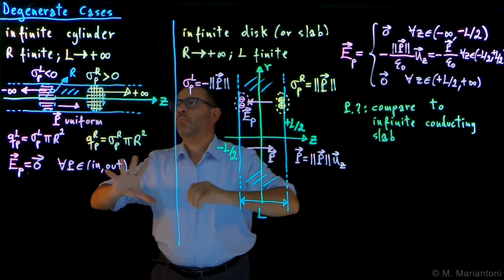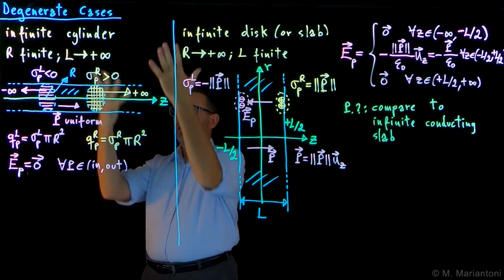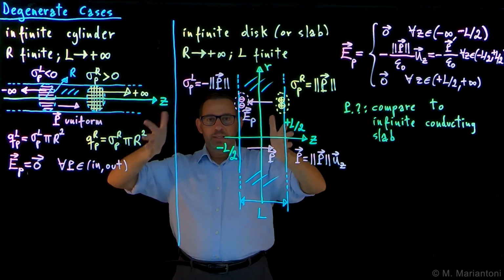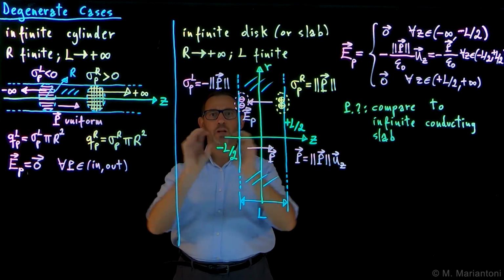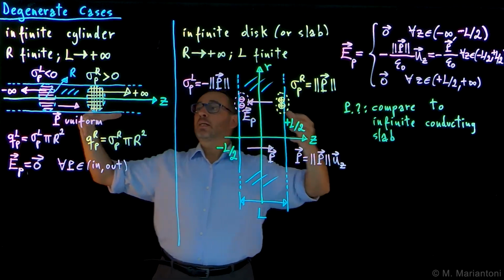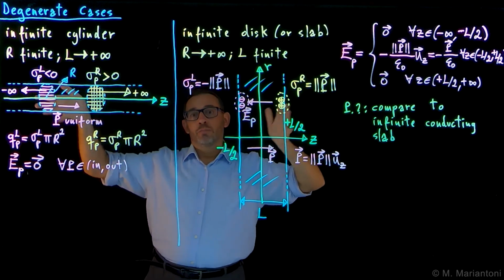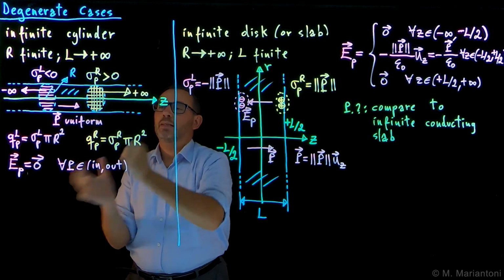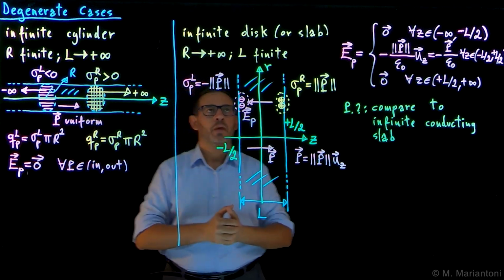So to summarize this video, the degenerate cases, we started from the case of a finite cylinder with finite bases, with finite length, radius capital R, length capital L. We push it to the case where the length goes to infinity, therefore we have two charges, one negative, one positive, at infinite distance from each other, which means the field is 0 everywhere in this case. Finite charge at infinite distance.